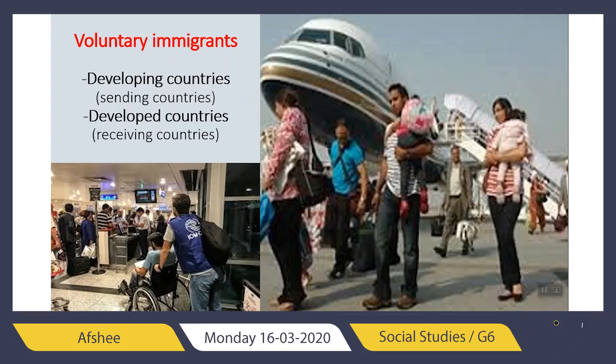They get jobs over there, they earn money, and they work for that country. But at the same time, when they are earning money, they are sending that money back to their homeland, and in this way it reduces unemployment in their own homelands. So you see both types of countries are gaining benefit from this type of migration. One is providing workforce, and the other is receiving money and reducing unemployment.